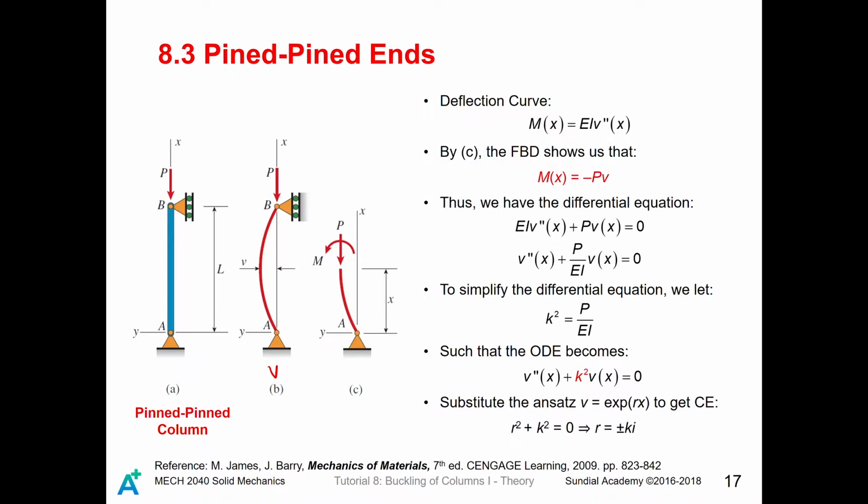But by figure C, which is located here, we can find that the moment inside the beam is given by minus PV, where V is the deflection there, and we have M plus PV equals 0 due to statics.